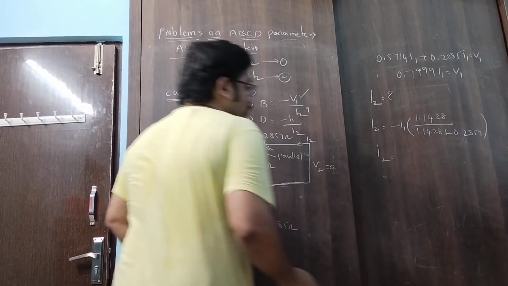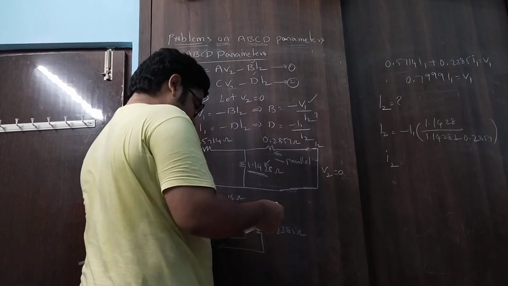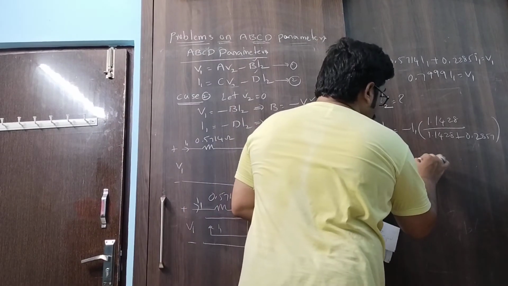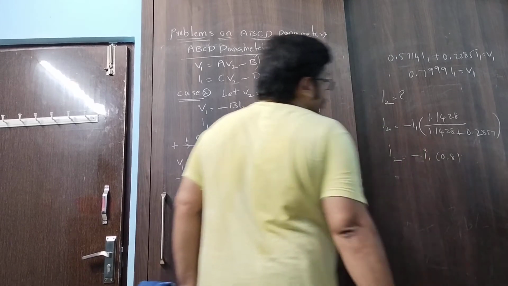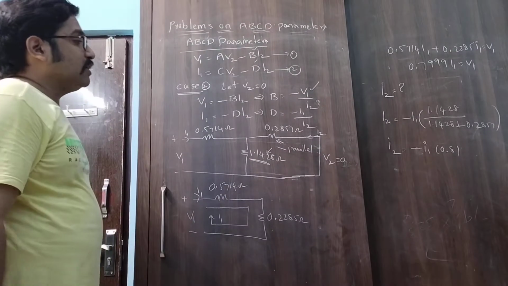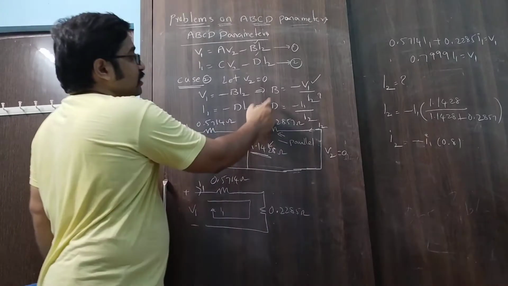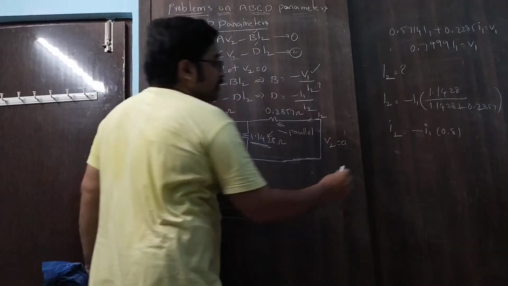Therefore, I2 is equal to minus I1 into 0.8.